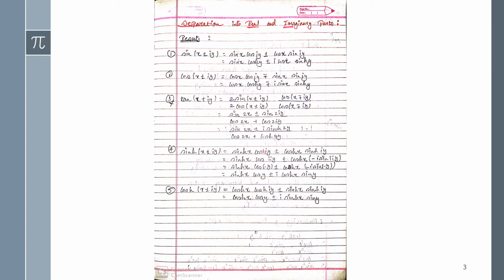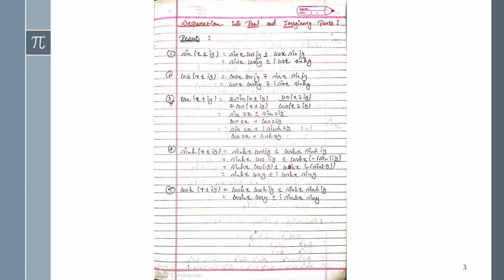So here they are given some of the results regarding circular functions and real numbers. The first one is given as sine of x plus or minus iy. It is the same as sine of alpha plus or minus beta, and you know very well its formula, right?